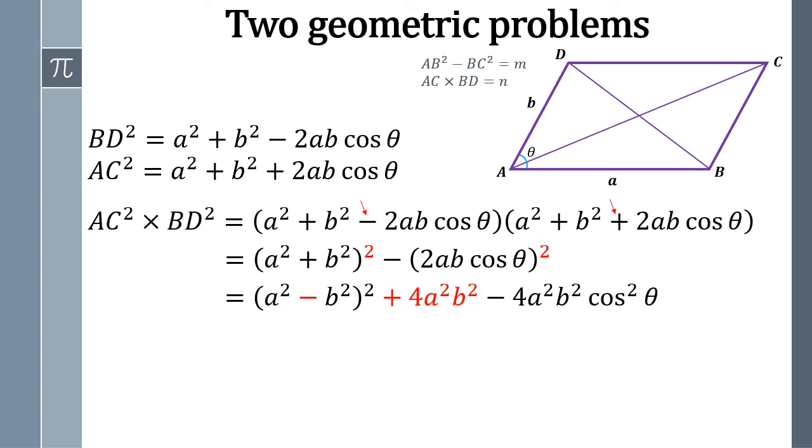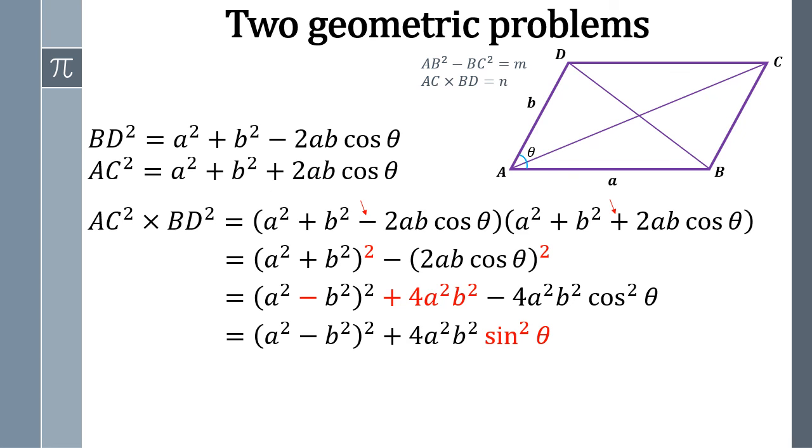The last two terms have the common factor 4a squared b squared, and the rest becomes 1 minus cosine theta squared, which equals sine theta squared. The entire expression becomes a squared minus b squared then squared plus 4a squared b squared sine theta squared.